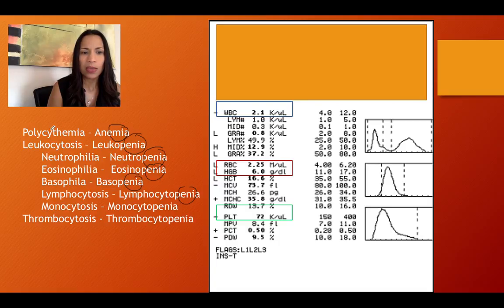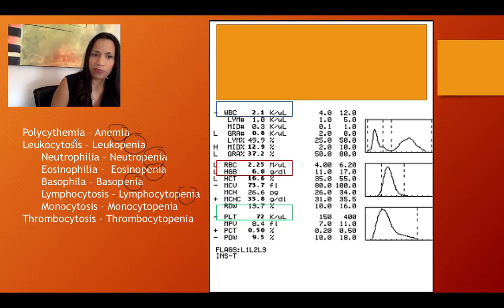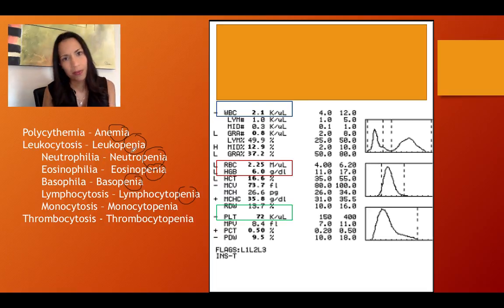Usually, for red blood cells, polycythemia is an increased number of red blood cells, a decreased number is anemia, leukocytosis is above the normal range, leukopenia below, and so forth. Okay, so we're able to use these numbers.